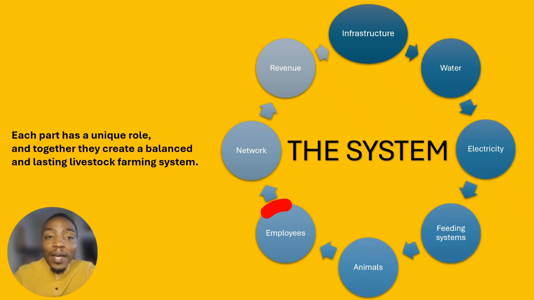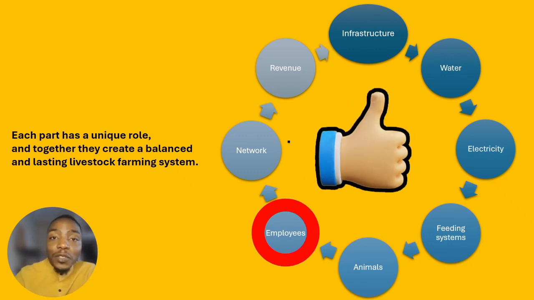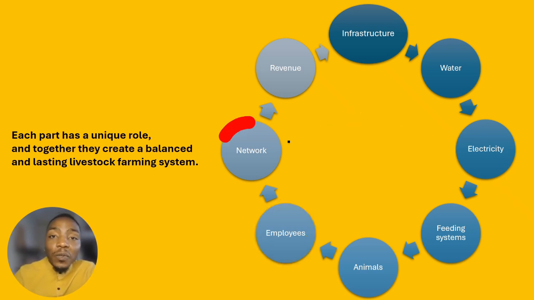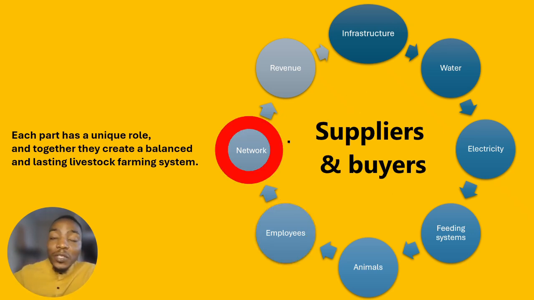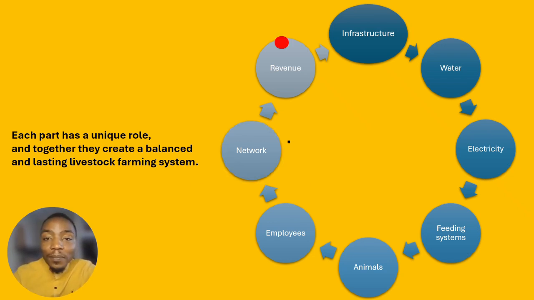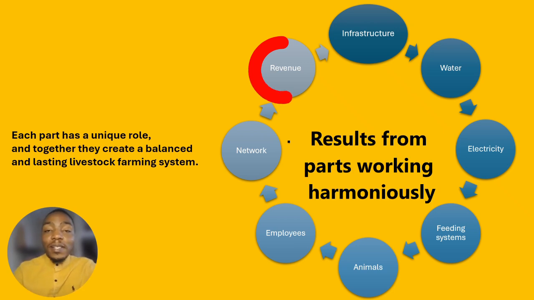Next, we have employees. Now, the employees are responsible for making sure each component runs smoothly, while the networks are gonna connect you to outside resources and markets. Next, we have the revenue. So the revenue is basically the result of all these components working together harmoniously.